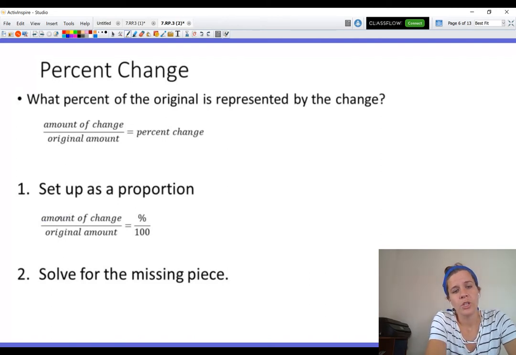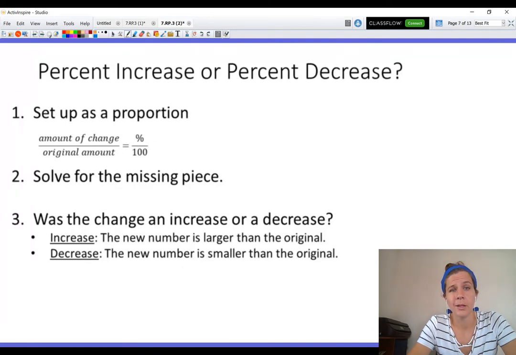So we have the amount of change over the original amount equals the percent over 100. We'll solve for the missing piece. Then we're going to ask ourselves, was that a percent increase or a percent decrease?